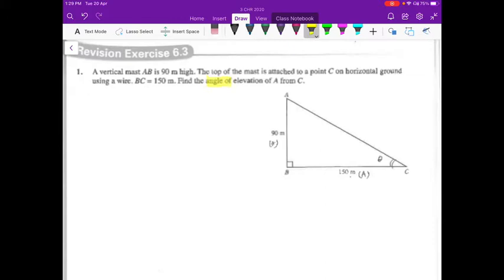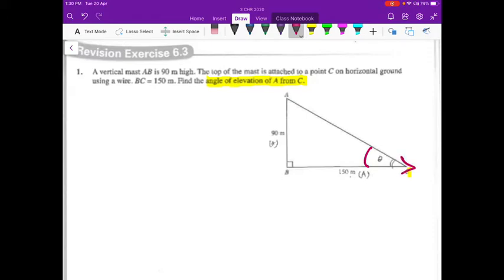They are asking you to find the angle of elevation. So which one is the angle of elevation? C is a point, not an angle. Which angle in this triangle is the angle of elevation? ACB, yes. This is the angle of elevation.